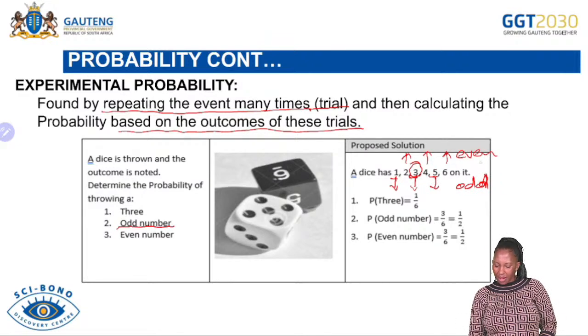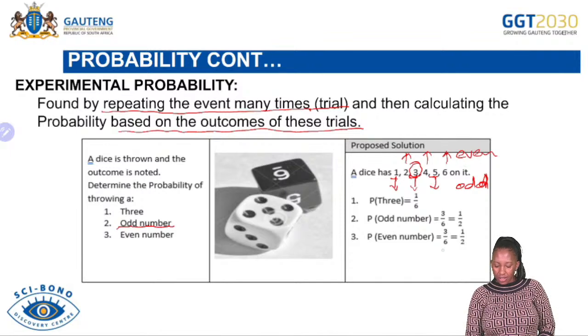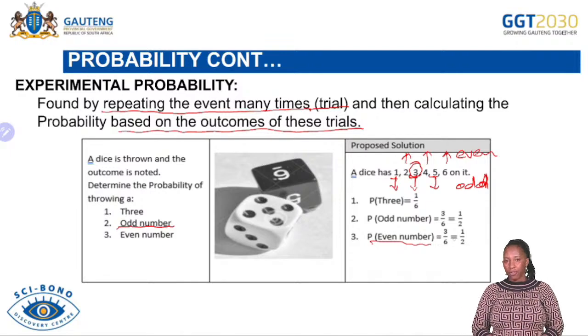So there are 3 even numbers out of what? Out of 6. So that is why our answer is 3/6. Probability of getting an even number, it is 3/6. And that means when we leave it in its simplest form, it is a half.